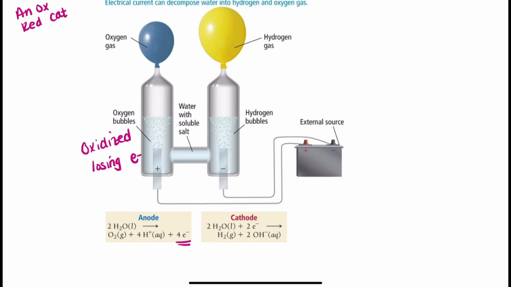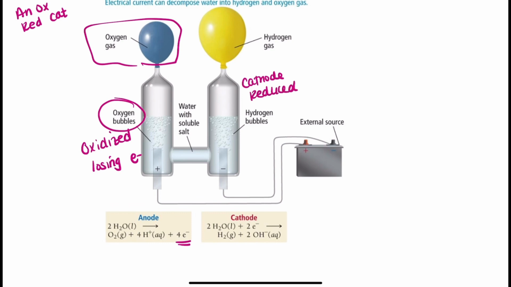So at the anode, oxygen is being formed. We are collecting oxygen gas. At the cathode, it's being reduced. Reduction is gain. We see here that it is in fact gaining electrons.